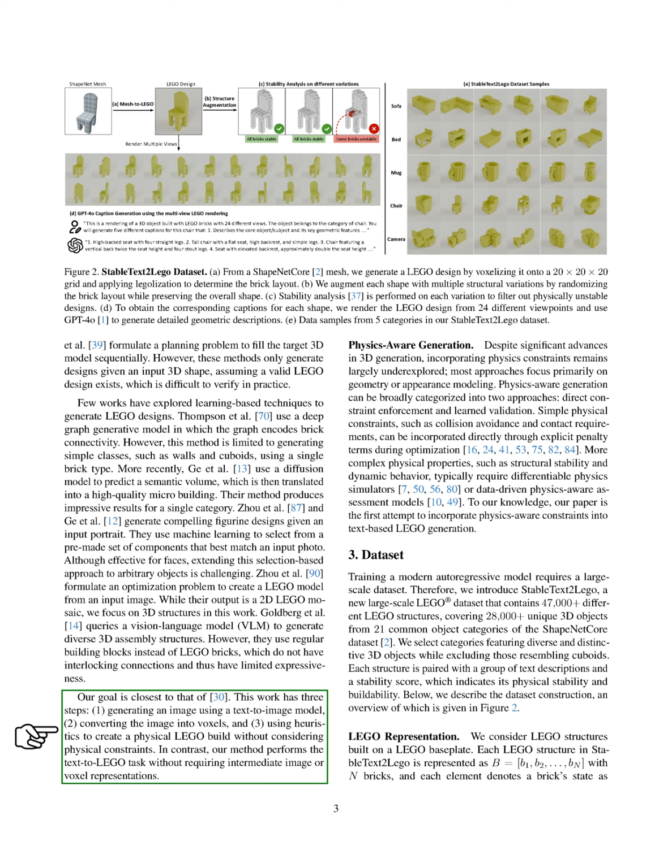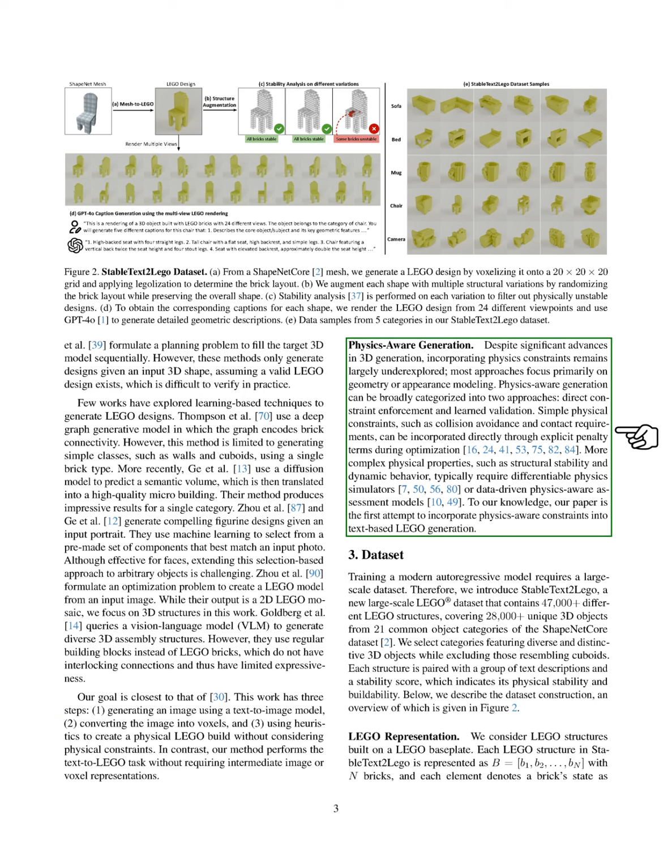Section: Physics-Aware Generation. In this section, we explore physics-aware generation in 3D modeling, which, despite advancements, has not been fully utilized. Most methods focus on geometry or appearance rather than incorporating physics constraints. We can categorize physics-aware generation into two main approaches: directly enforcing constraints and validating learned models.